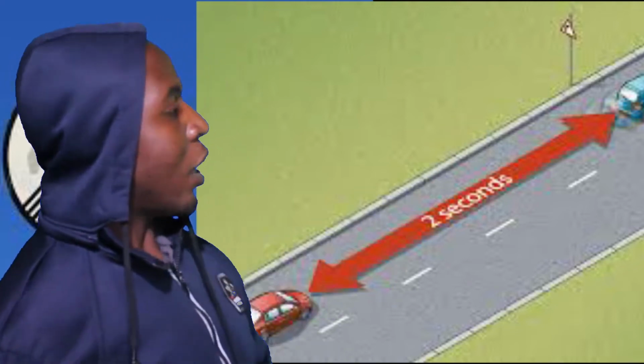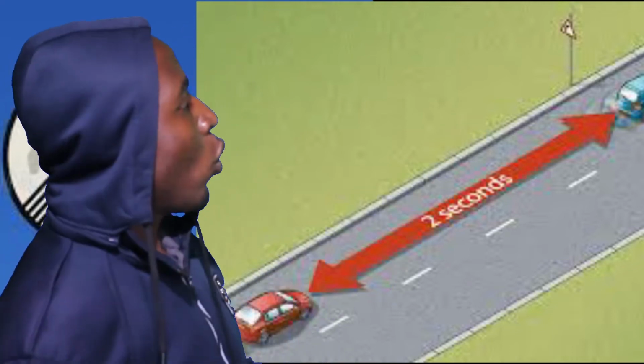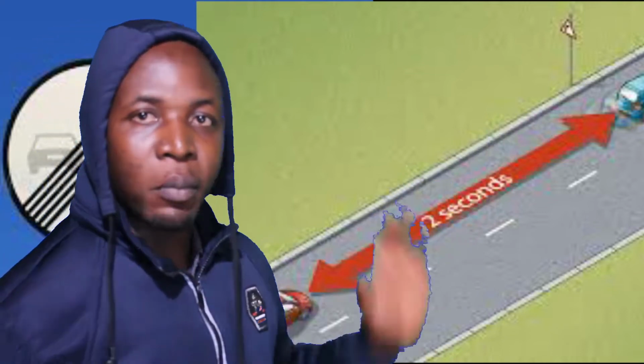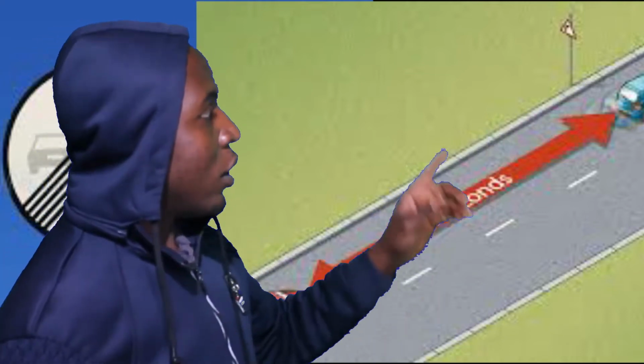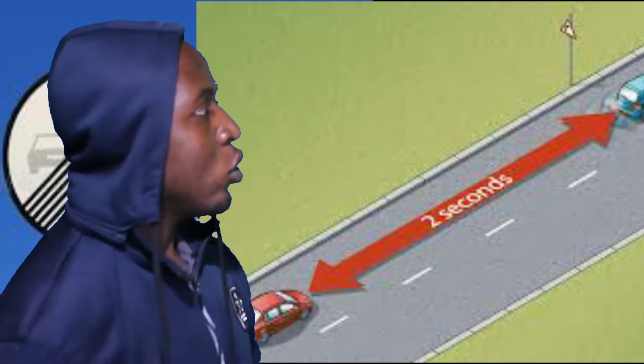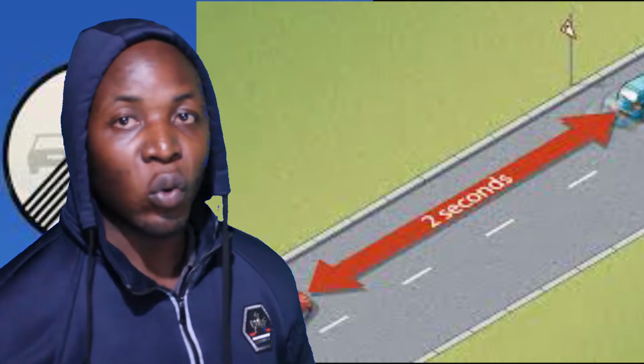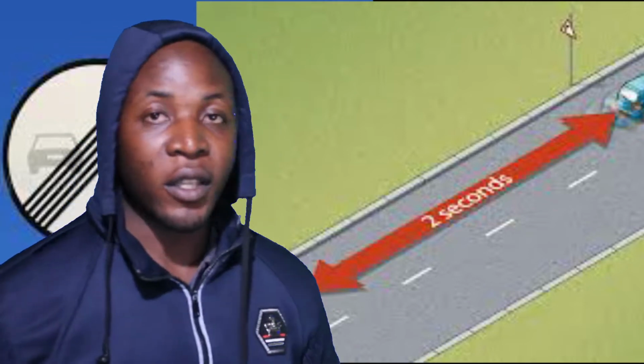Looking at the structure on the board, we can see two vehicles and the space between the two vehicles, the space of 2 seconds. So what is the meaning of a 2 second space, or what is the meaning of a safety distance?